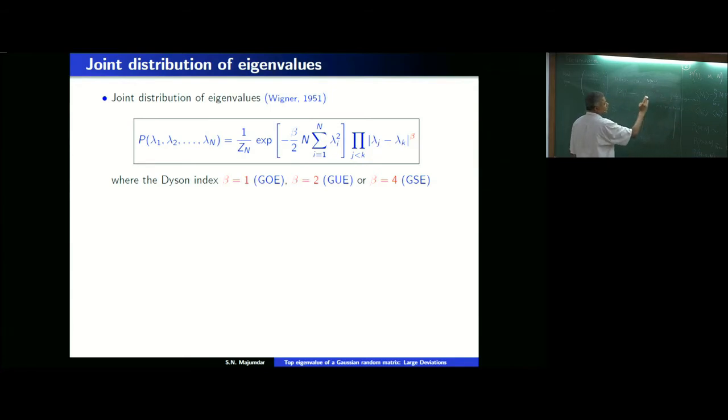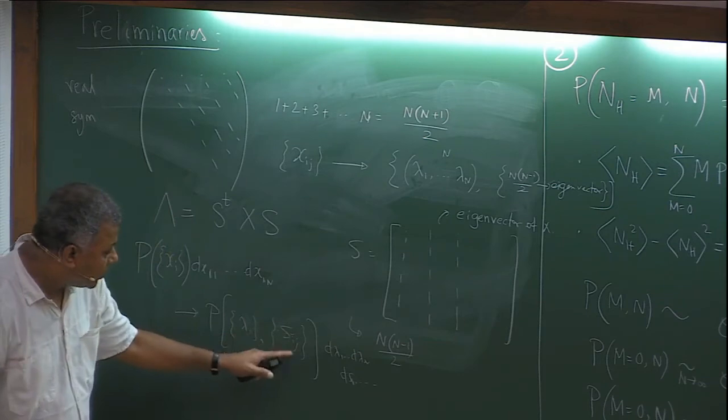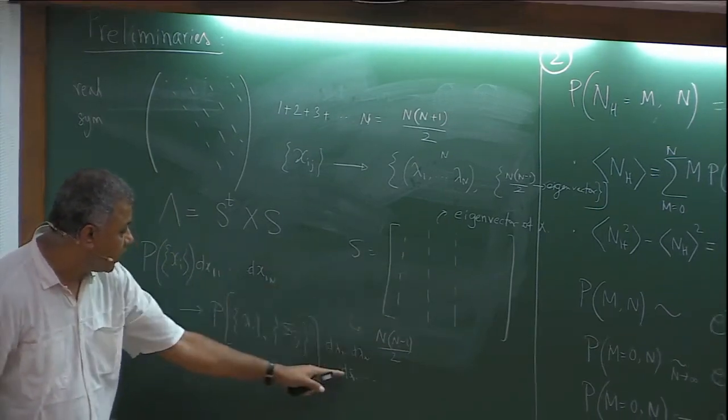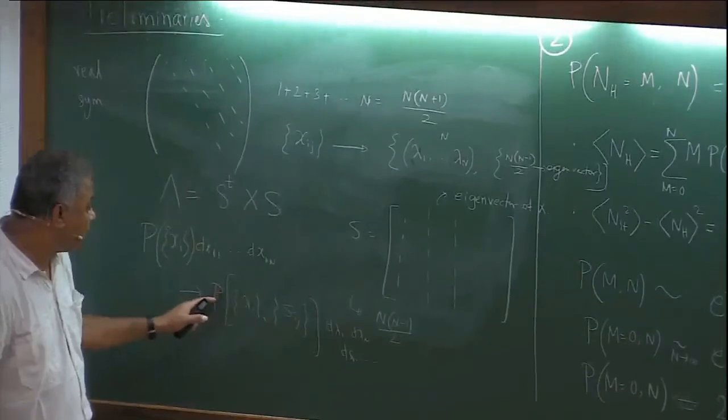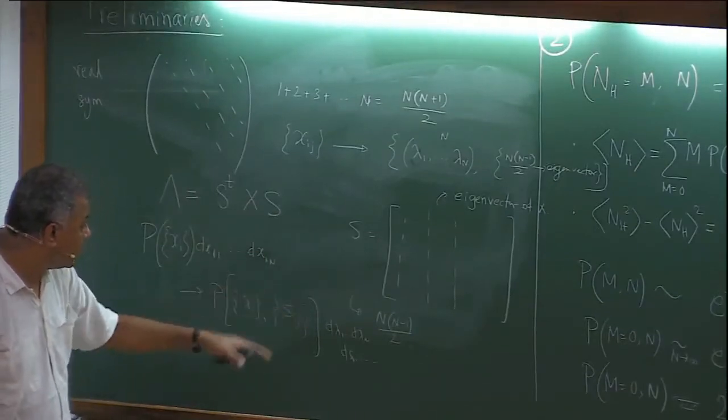Figuratively, you go from P of x_ij, dx_11, etc., to P of lambda_i times the eigenvector degrees of freedom, the S_ij's, with d lambda_1, ..., d lambda_n, dS_11, etc. They decouple, and you integrate over the eigenvector degrees of freedom, and all you are left with is the joint distribution of eigenvalues plus a Jacobian from the transformation.